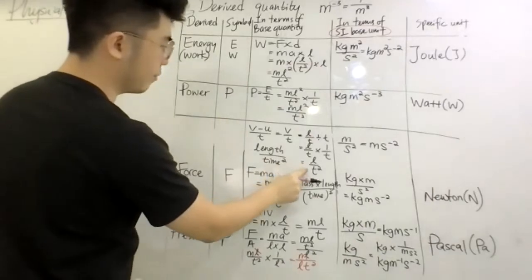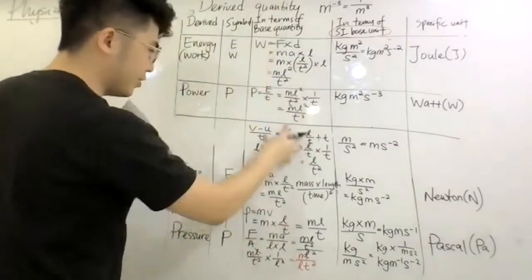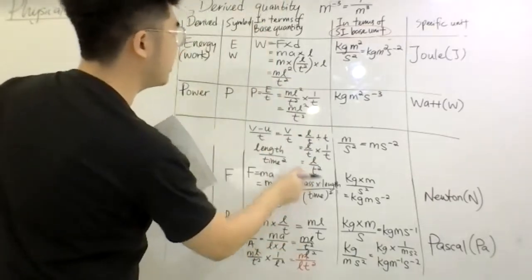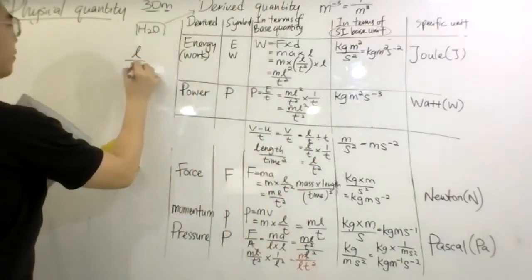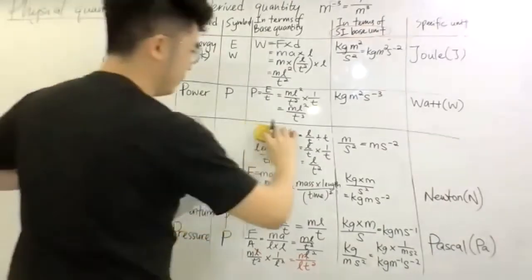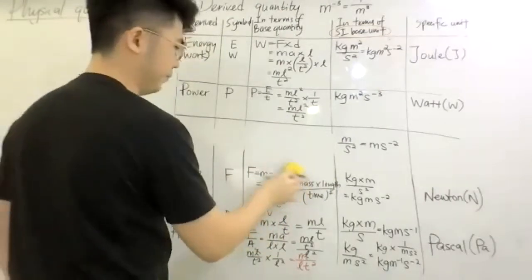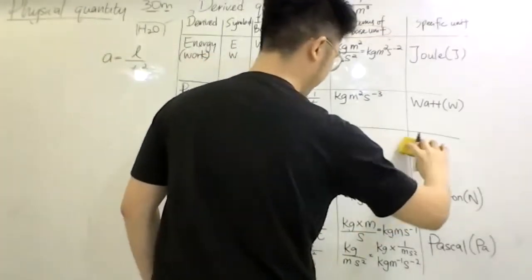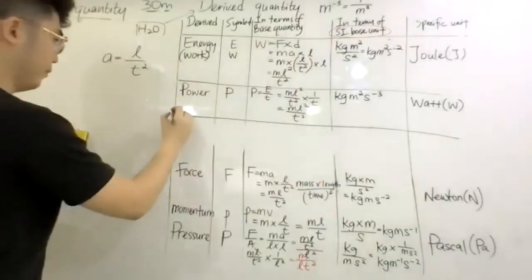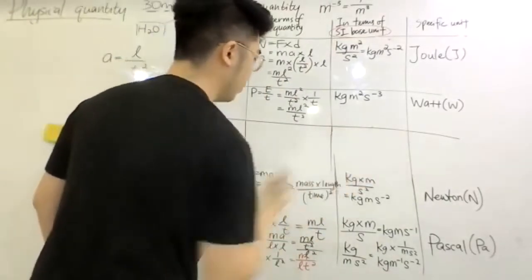Acceleration, okay, let's write down this one because this is linked to many, right? Acceleration is linked to many. L over t squared, I'll just write it here. Okay.